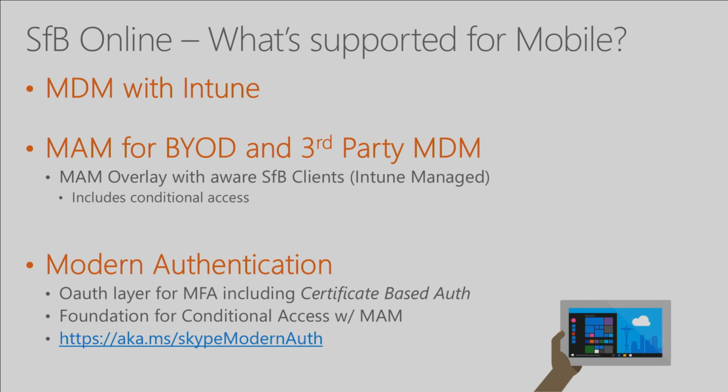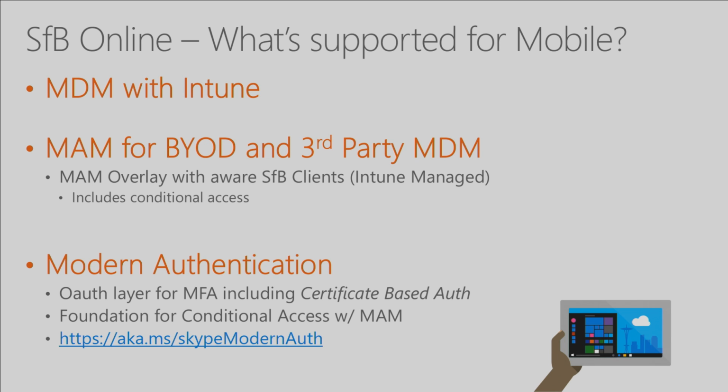Since we're talking about modern authentication, one of the advantages of modern authentication is we can also enable certificate-based authentication. A lot of you may not have usernames and passwords when you're signing into the apps. Certificate-based authentication essentially allows you to sign in using, let's say, virtual smart cards, for example.